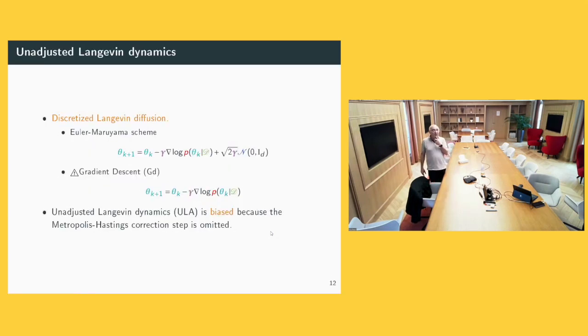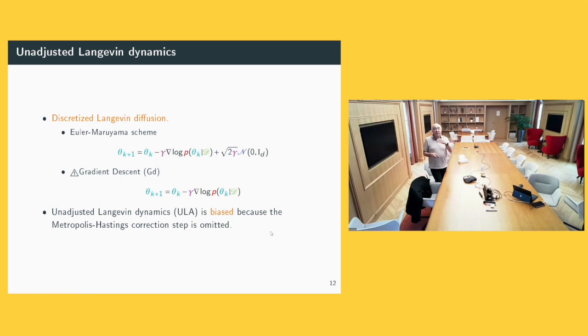Of course, you cannot really run this Langevin diffusion, so you need to use some kind of discretization. The easiest way to do a discretization is to use an Euler-Maruyama scheme. You simply use an explicit scheme for solving this stochastic differential equation, which is completely explicit. There is no implicit step because the implicit step would be too cumbersome.